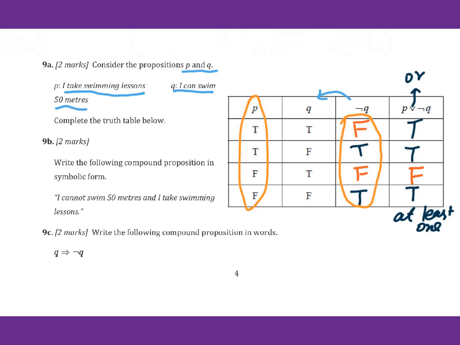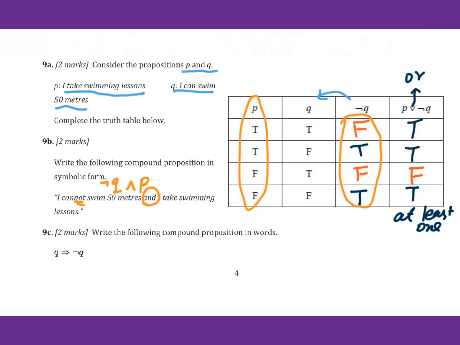9B. Write the following compound proposition in symbolic form. I cannot swim 50 meters and I take swimming lessons. Keywords are and, not. I cannot swim 50 meters, that means not Q. And will be this symbol. Take swimming lessons, that's P. Look at 9C.